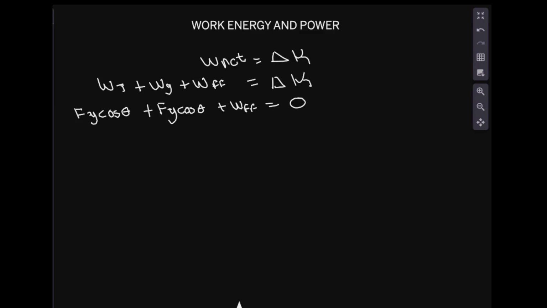Then we can say 960 multiplied by 20 multiplied by cos of 0, plus, what was our weight?